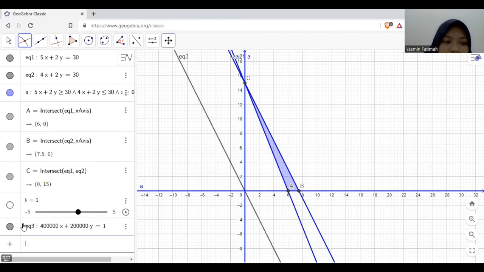And then we need to change the interval of k. Okay, so I will change it to 0 until 4 million. And next, we will play this and see which one is the first point that intersects with this equation.